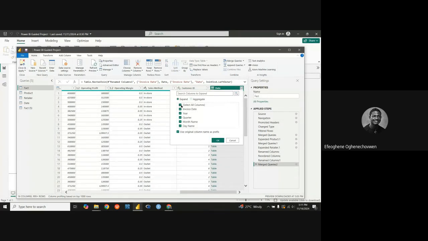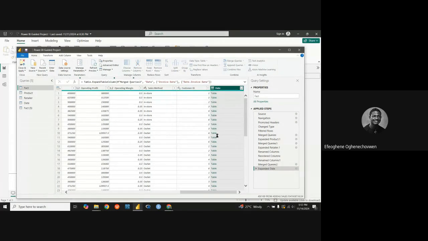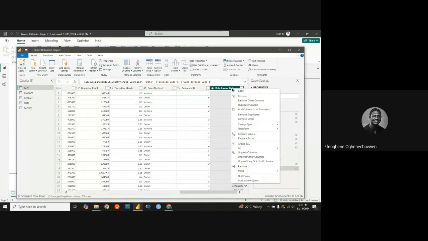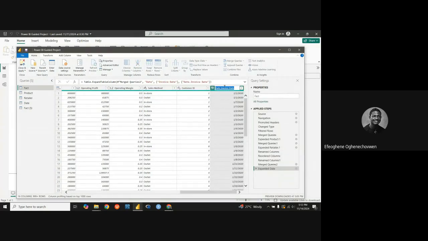So I'm going to uncheck this and click the primary key here and invoice date. Okay, you can rename this. Let's call this date key. Okay. All right, so we've done that for our date.